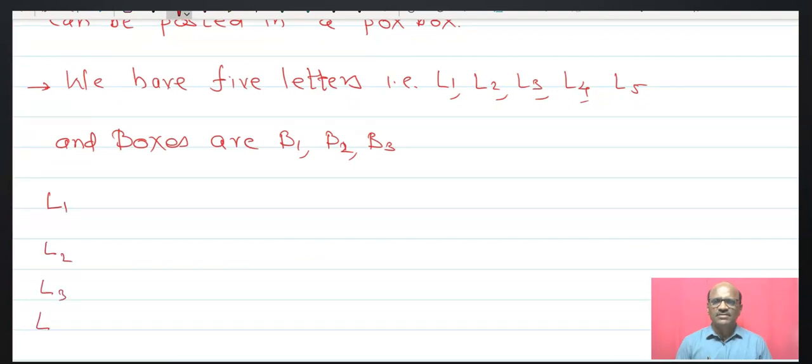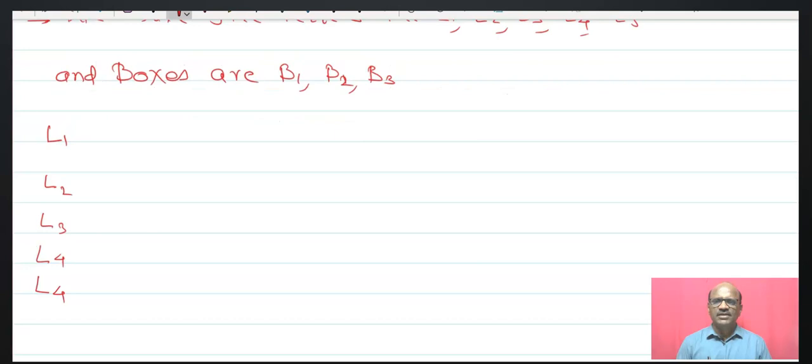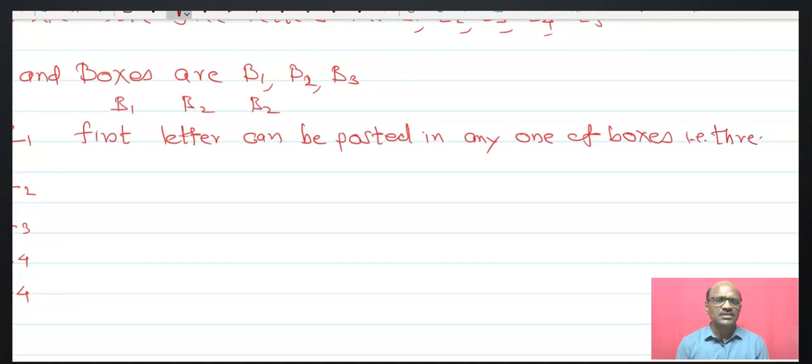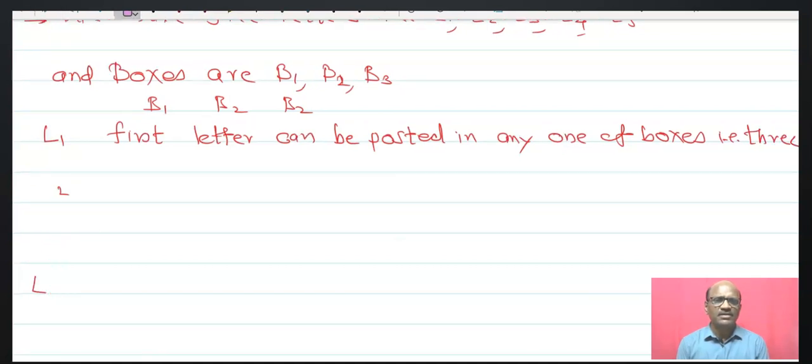Now the first letter can be posted in any one of the boxes. That is, we can fill it in 3 ways.